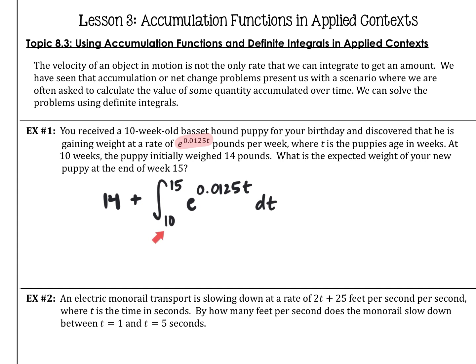So again, this piece right here is the accumulation of weight in between weeks 10 to 15, because this is our rate. So we're accumulating that rate to find out what that's going to equal, okay?